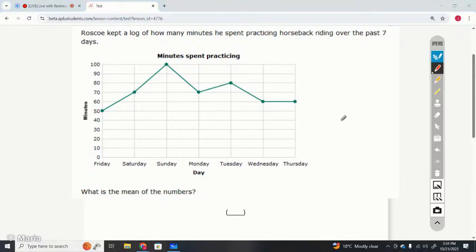So we need to add up all the numbers: 50 plus 70 plus 100 plus 70 plus 80 plus 60 plus 60.